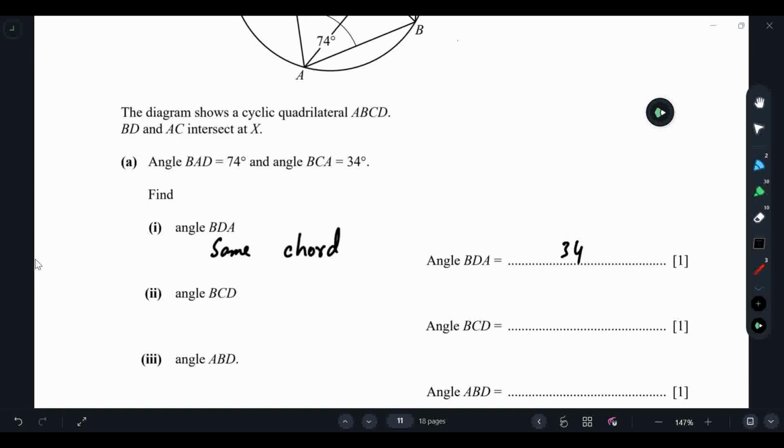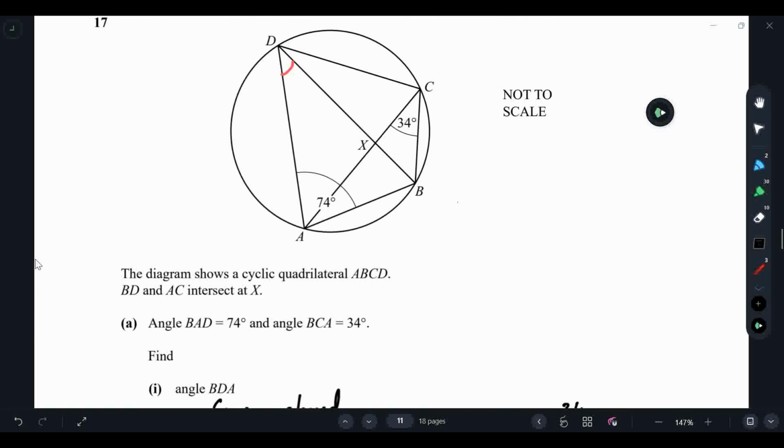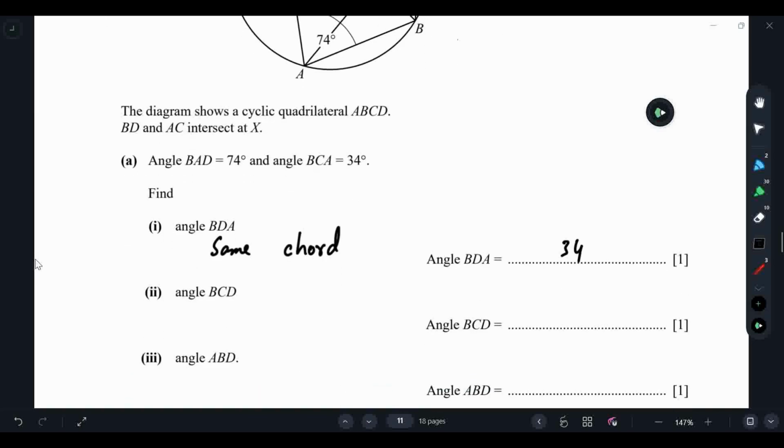Now angle BCD, we need to find out the whole angle. So we know that in a cyclic quadrilateral, this one is from the same chord, previous one. This one is related to this cyclic quadrilateral. Cyclic quadrilateral means that the sum of the opposite angles should be equals to 180 degrees.